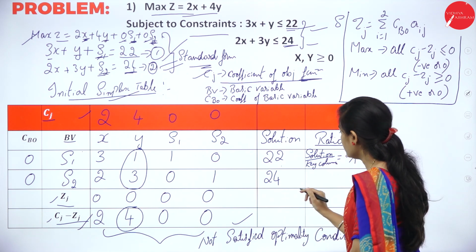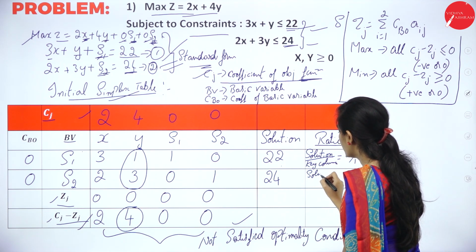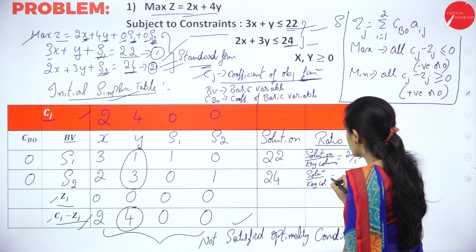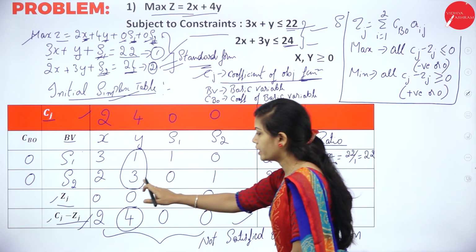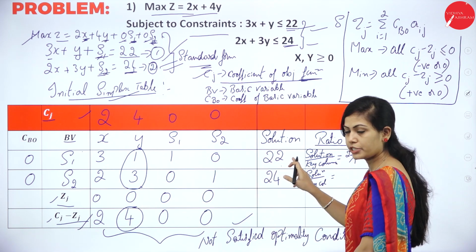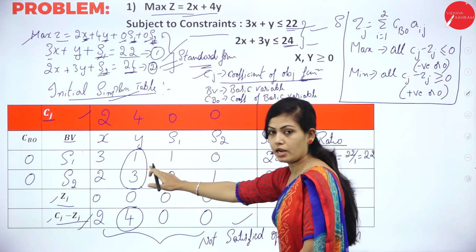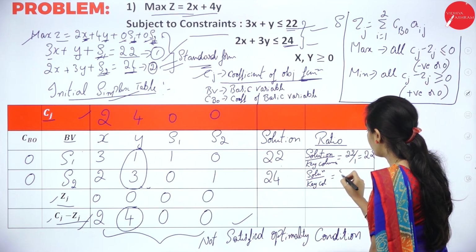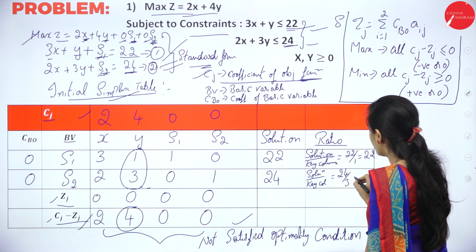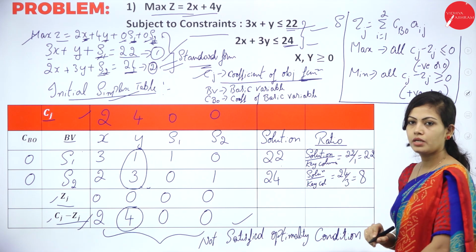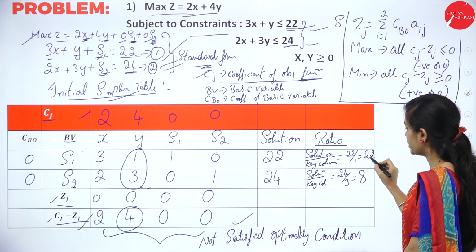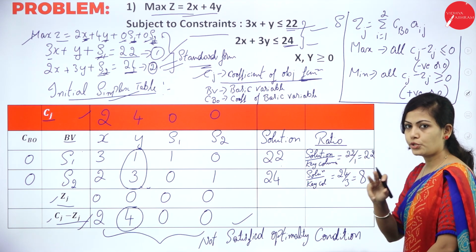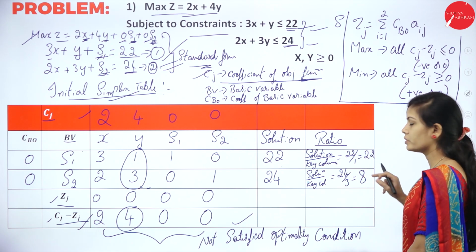Again, solution divided by key column is 24 divided by 3, which is 8. So we have 22 and 8 in the ratio column.